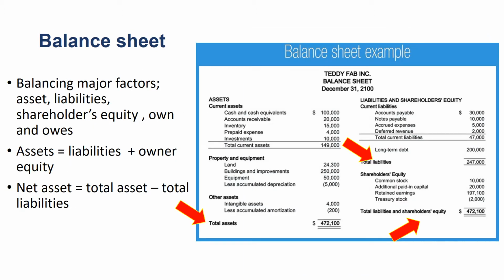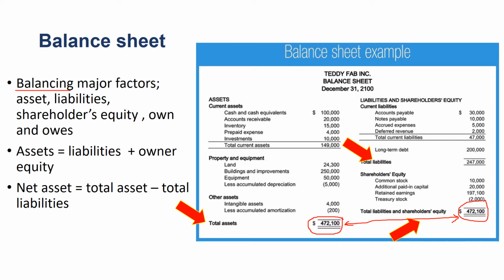The balance sheet will balance the major factors, assets and also the liabilities. Both of these will try to be balanced, so we will know the shareholder equity, what the company owns and owes.